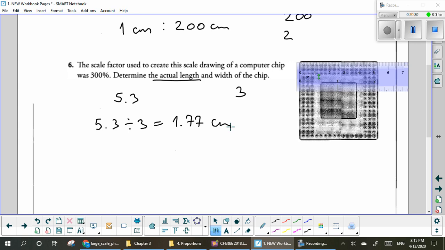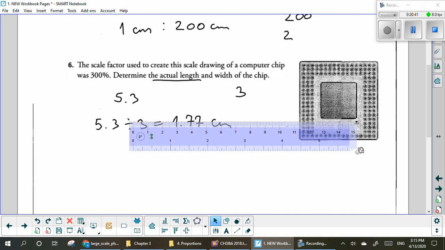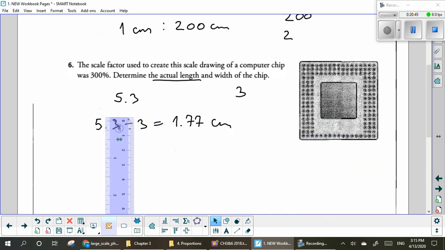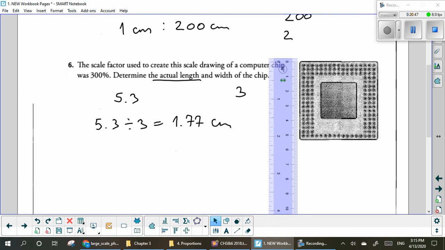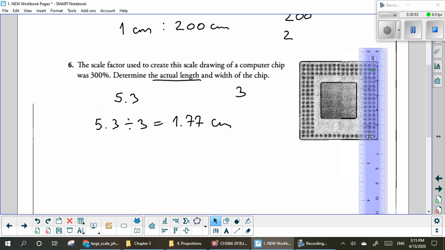So that will be the real size of the chip. I didn't actually check, but it is possible that it looks like a square, so let's see if I can measure this side here. Yeah, it looks like it's a square, so I don't have to do anything else. So it seems like the original chip is 1.77 centimeters by 1.77 centimeters.